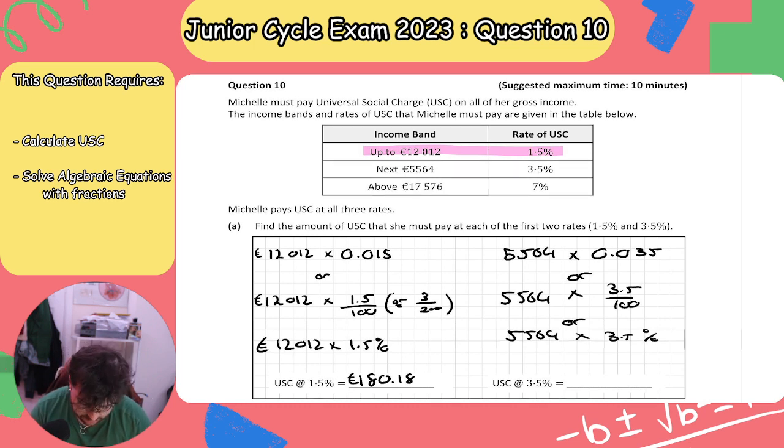If I do that, I'll get 194.74. So she pays €194 and 74 cents for the USC at 3.5%.